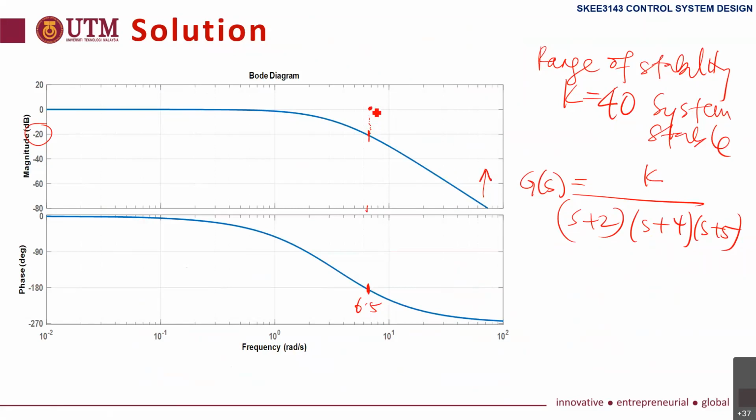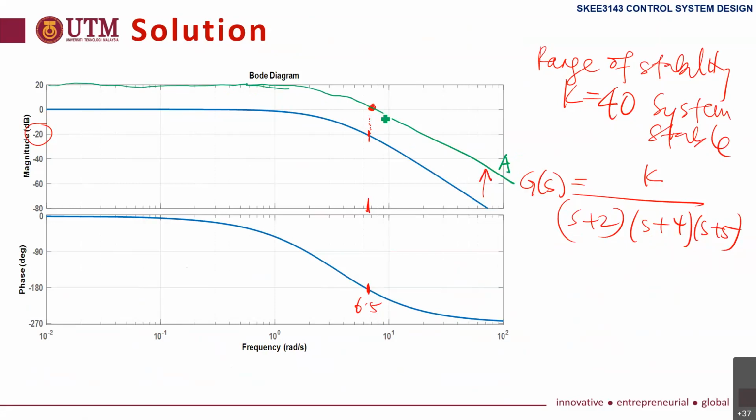What happens at 6.5 radian per second here, when the phase is minus 180 degrees, the magnitude is here. If we increase by this, what is the condition here? Critically stable. So the system is critically stable.